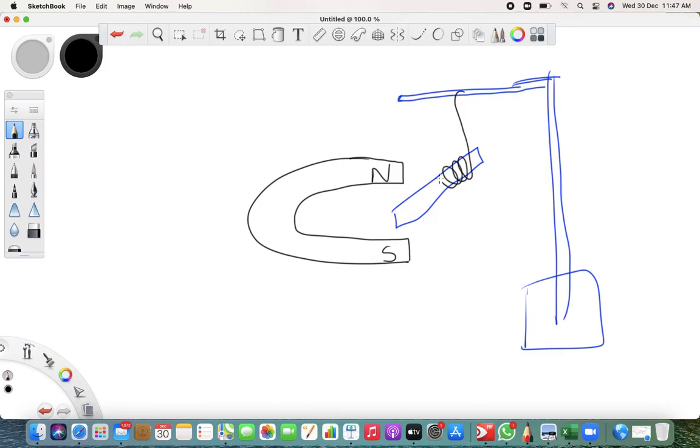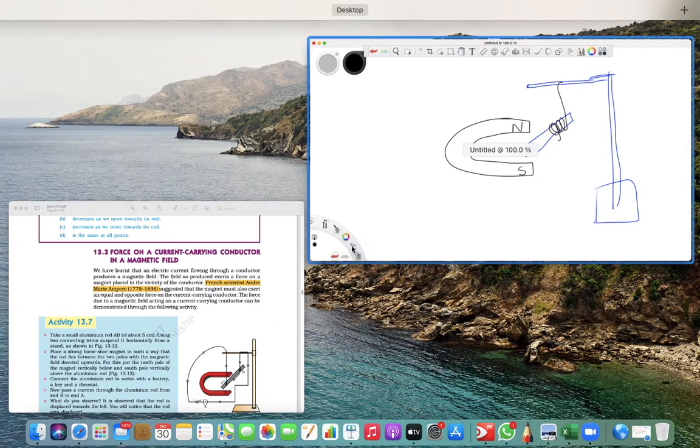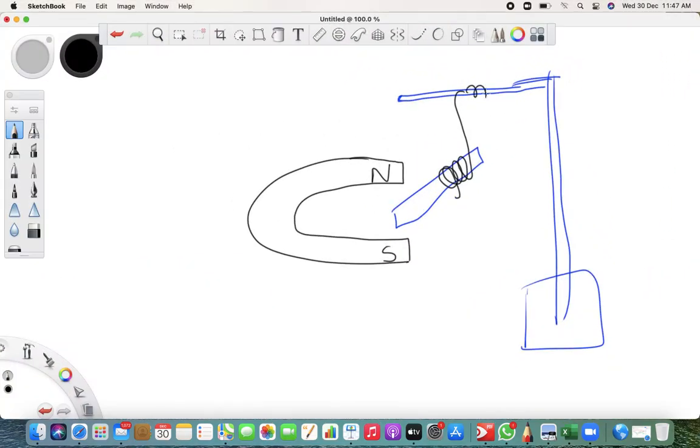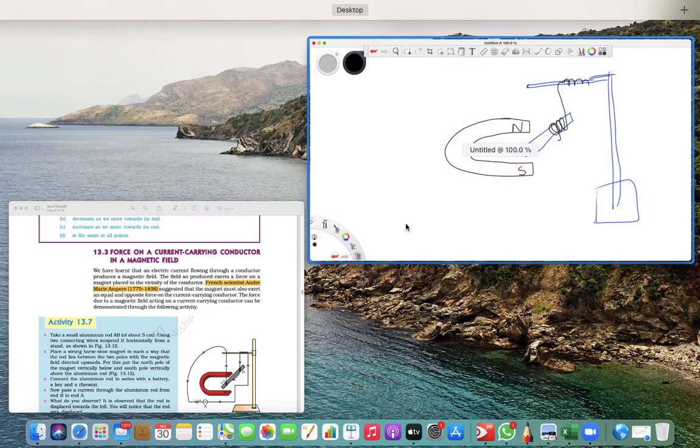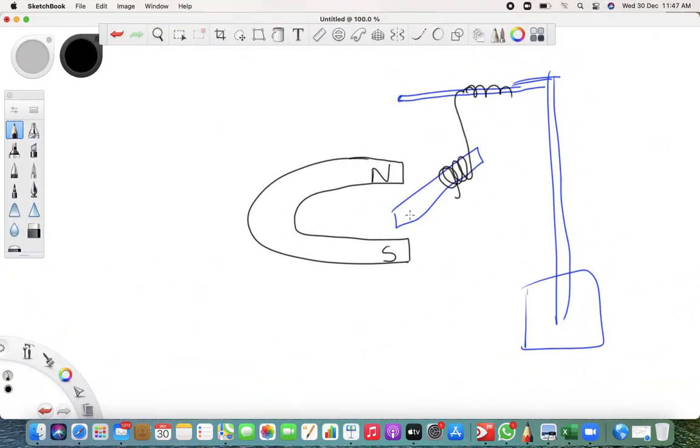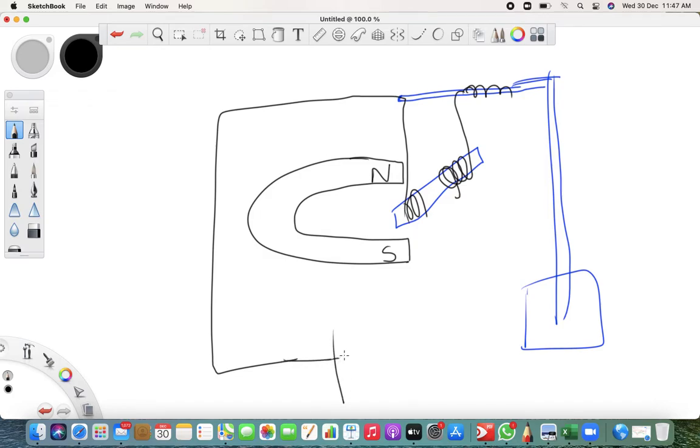We are tying the wire like this, and the other end goes like this, which is connected to a battery and a key.